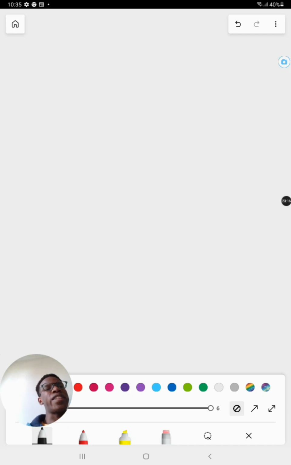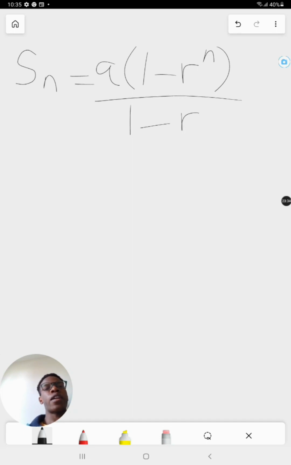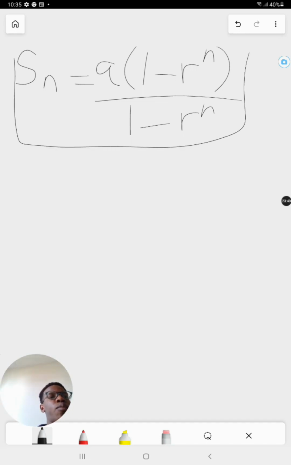Now, we said that the formula for a geometric series is Sn is equal to A, open bracket, 1 minus r to the power of n, all over 1 minus r. Okay, so this is the equation for a geometric series. If you want to add the terms of a geometric series, this is what you are going to use.